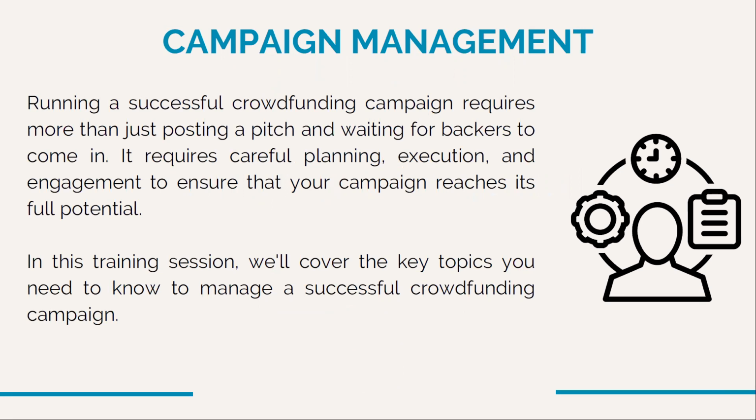There has to be some sort of planning, of course, the execution that you decide to implement, and also the engagement that you'll have with the people who are supporting you. All this combined does help you have a good and successful campaign. It also maintains engagement with people as you continue to run your campaign.